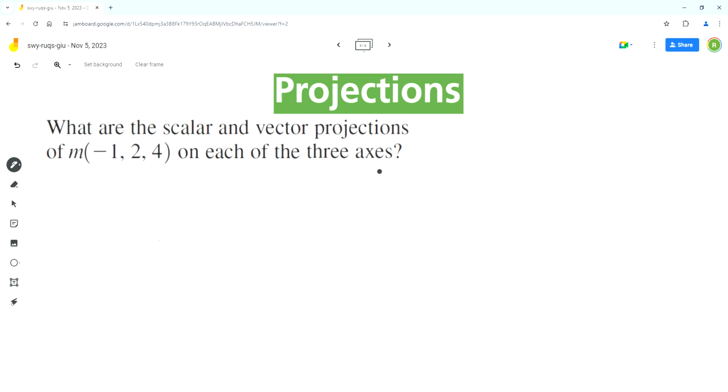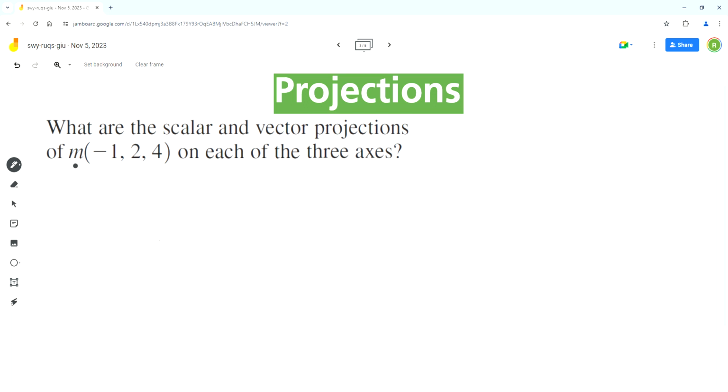So we have to calculate the scalar and vector projections of this vector, and this vector is given in the form of a scalar m being multiplied to vector (-1, 2, 4).